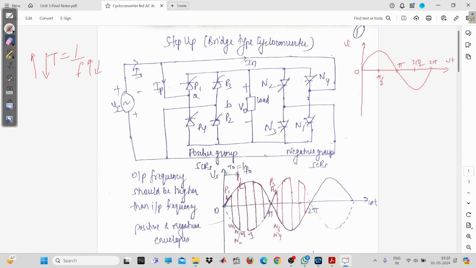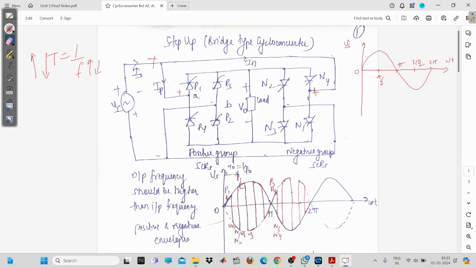So now this is fed to these converters. Now what is going to happen? During a positive half, this point will become positive and this one will become negative. So this point A will be more positive as compared to point B, and similarly this point is more positive as compared to this point.